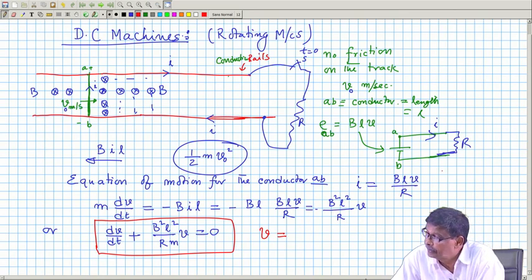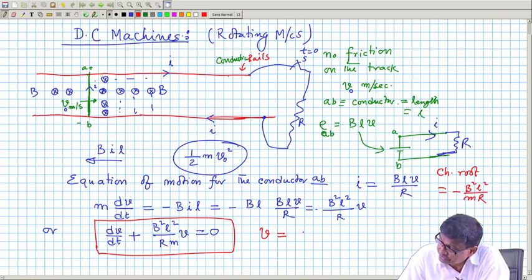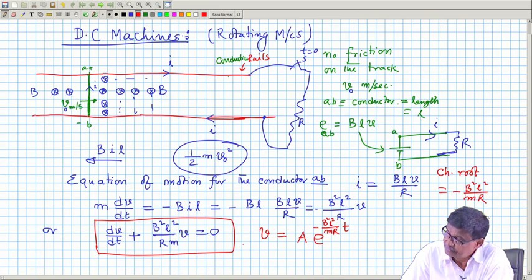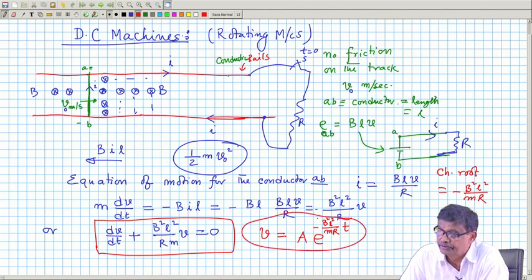The characteristic root of this equation is minus B square L square by mR. So, it will be some constant A into e to the power minus B square L square by mR into t, and there is no forcing function on the right hand side. So, that is the solution, and I have to determine this A from boundary condition.